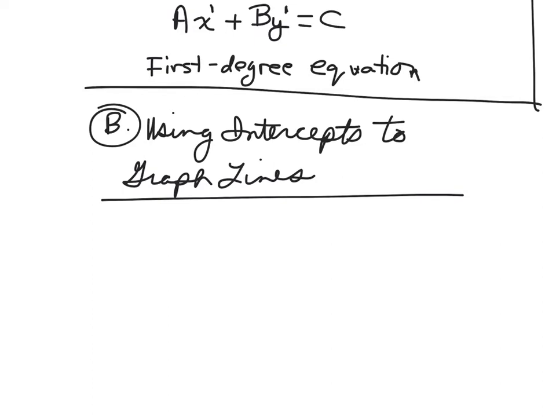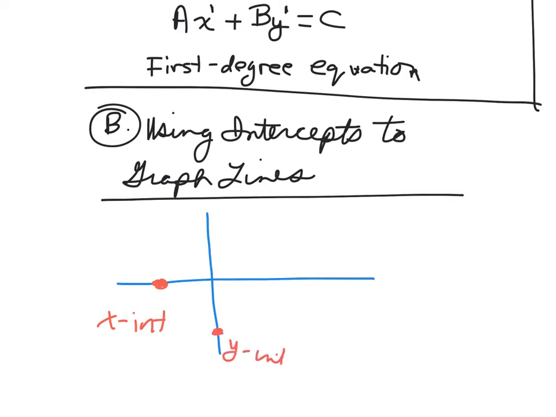If you got any 2 points on a line, then you know what the line looks like. Now, the 2 points we're going to look for are these 2 points. Where the graph crosses the x-axis, referred to as the x-intercept, and where the graph crosses the y-axis, referred to as the y-intercept.